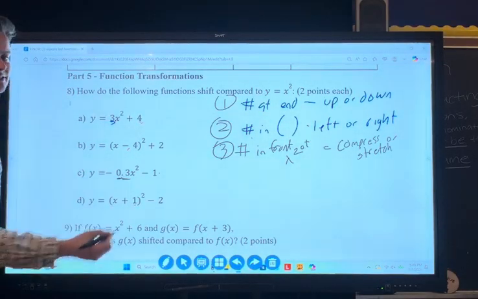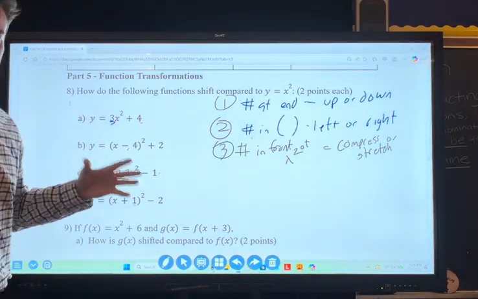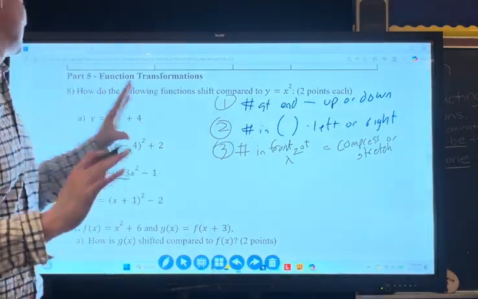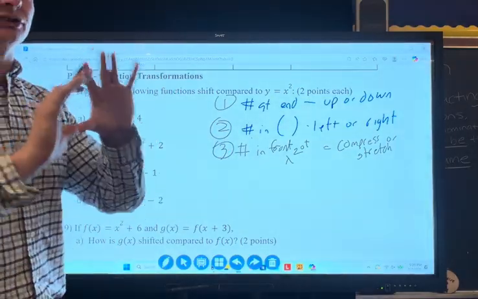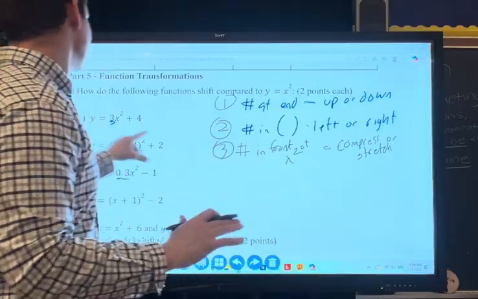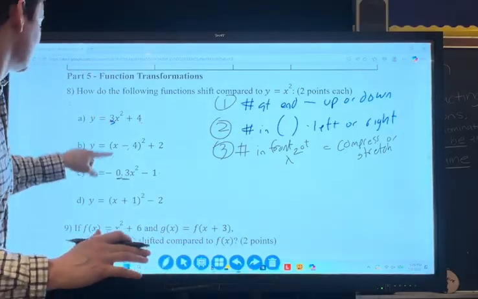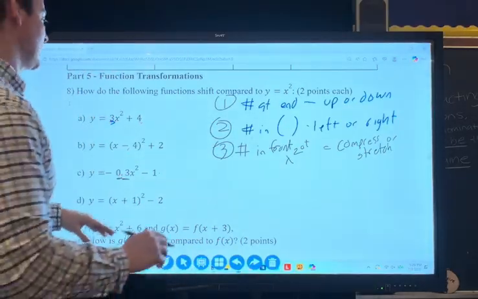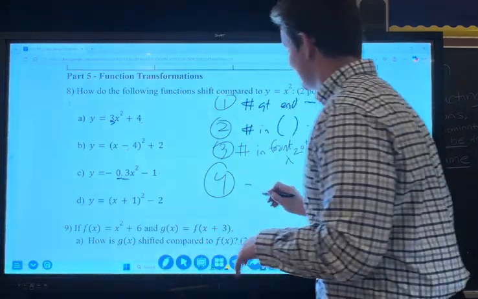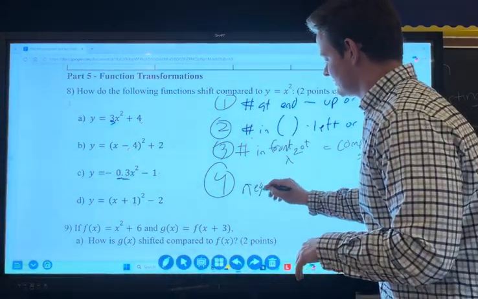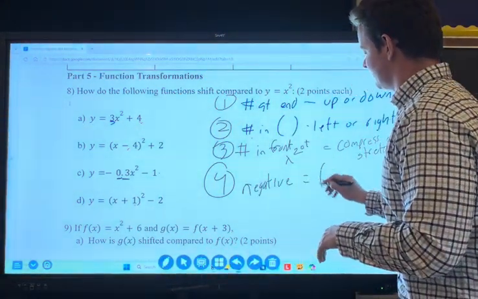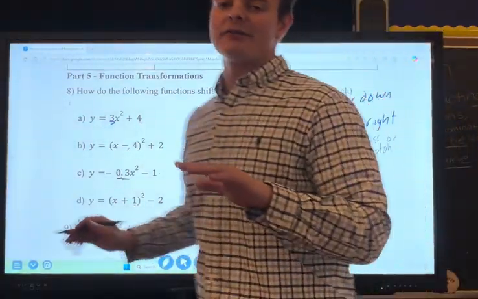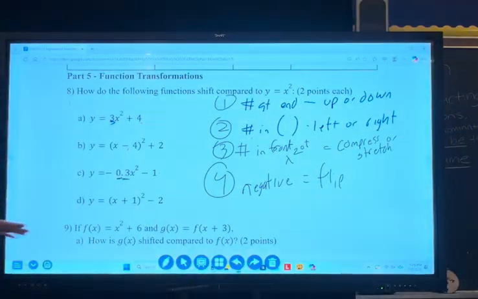If it's less than 1, it stretches. Technically, you ignore the negative and just deal with the positive version. Bigger than 1, compress. Less than 1, stretch. And lastly, a negative sign equals flip. These are my 4 rules I have to know.